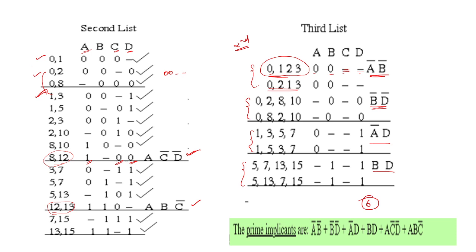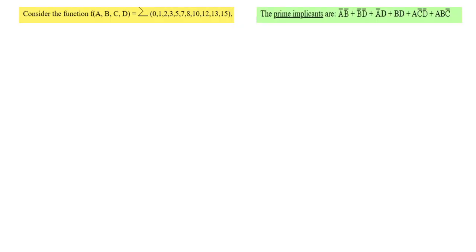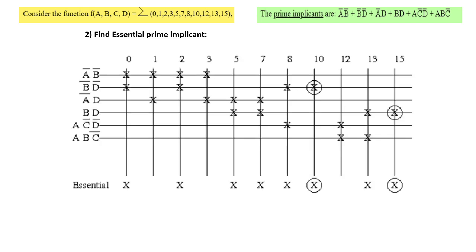Among these, which is an essential one, we have to check. To find the essential prime implicant, we have to know all the prime implicants. So in the vertical order we have to write the prime implicants, in the horizontal order we have to write all the minterms given in the problem.